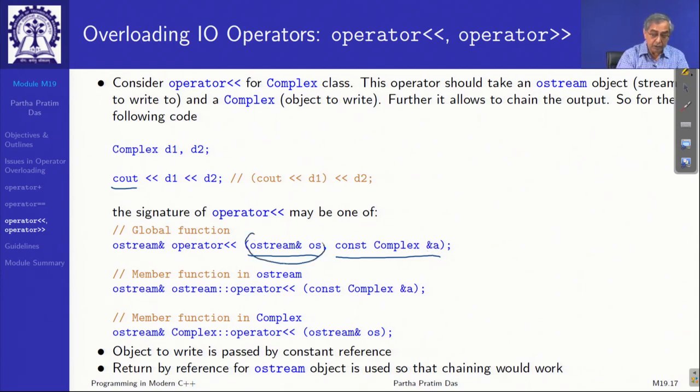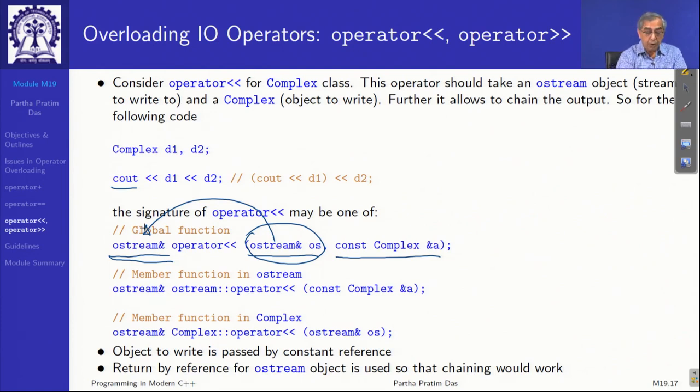The ostream reference is not to be made const, because I am going to write to it. So, it is going to get changed, and after I have written, I must get back the same ostream object.